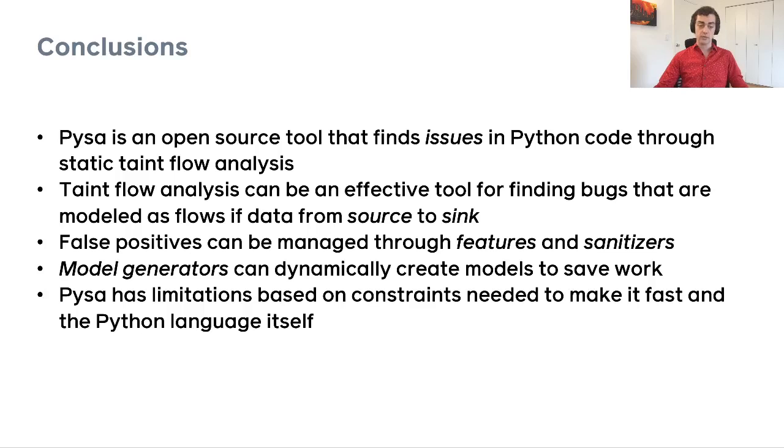Like all static analysis tools, Pysa has false positives, and we offer two different methods for dealing with them, features and sanitizers. When getting into larger Python codebases, model generators offer you a way to dynamically create models in order to save the work of writing and maintaining models. And of course, Pysa has limitations. Those limitations are based on the constraints we needed to make it run fast, and also based on the Python language itself.